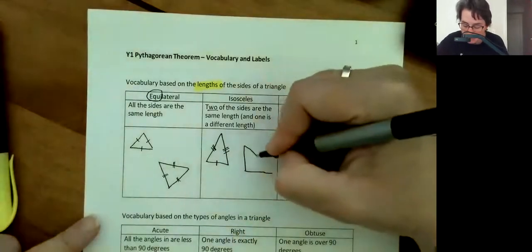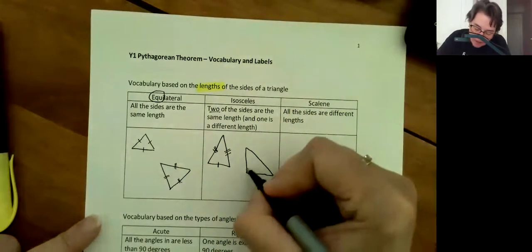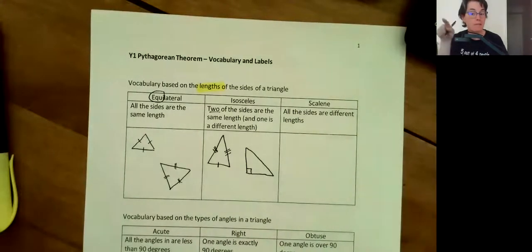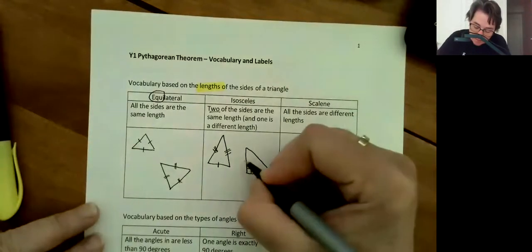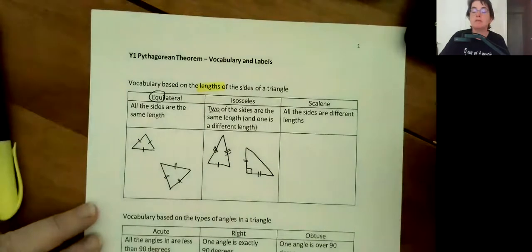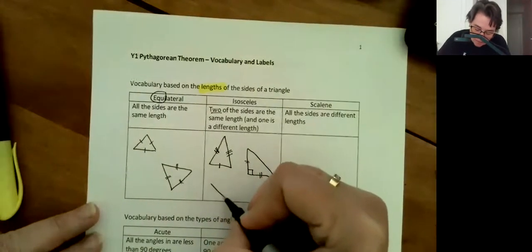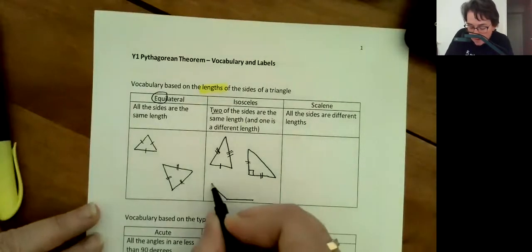Oh goodness, my drawing's a little off, sorry. Okay, first of all, right there, that says it is a right triangle. And then I can do this and that and show that those are the two sides that are the same. You can even do a triangle like that.